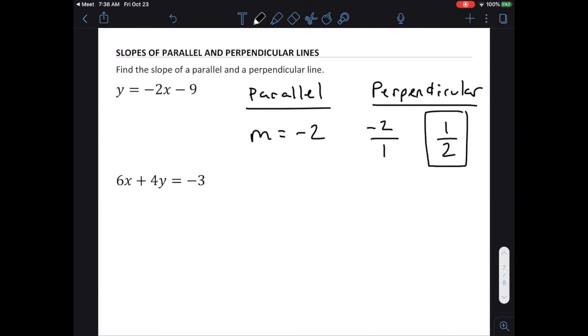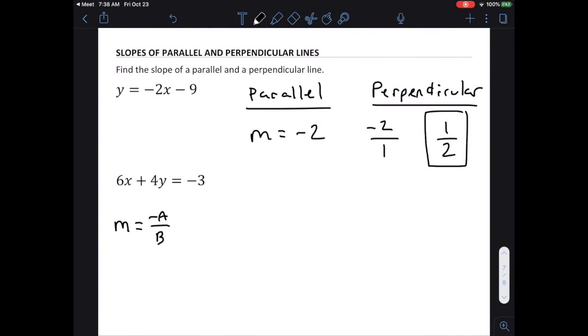All right, the second example is not quite as simple. So if we think about this one, it's in standard form. And since it's in standard form, we can't see the slope right away. But what we can do is we can remember that the slope of a line in standard form is the opposite of a over b.